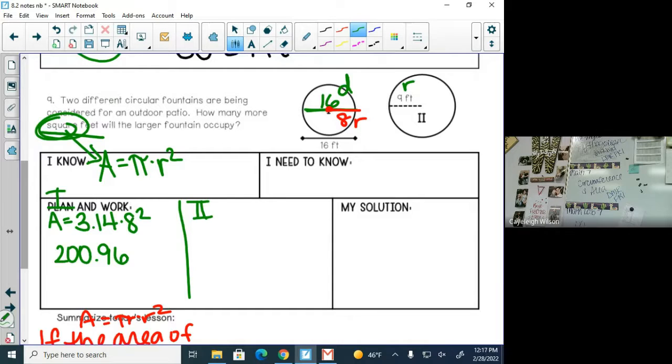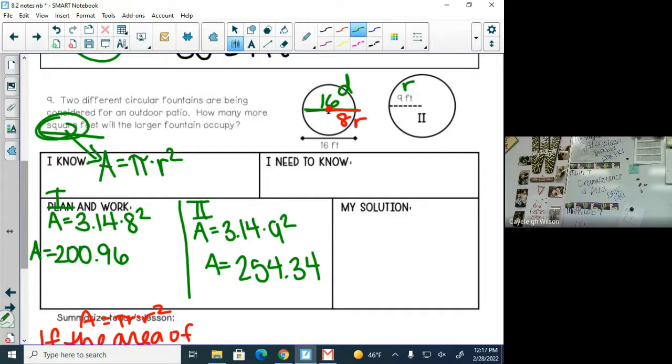All right, so for fountain 2, area is pi times radius squared, so 3.14 times 9 squared. And we find that the area of the second one is 254.34. Now, I've got to figure out what to do with those. So when I'm looking at the problem, how many more square feet will the larger fountain occupy? So Bella already told me. What am I going to do with those two numbers?